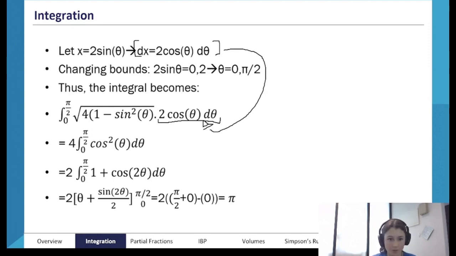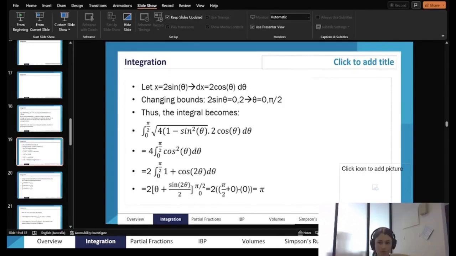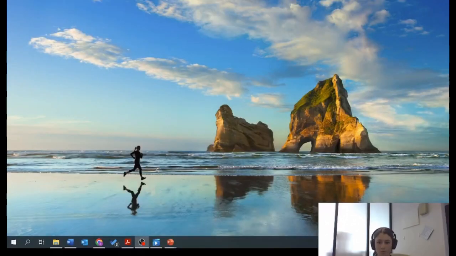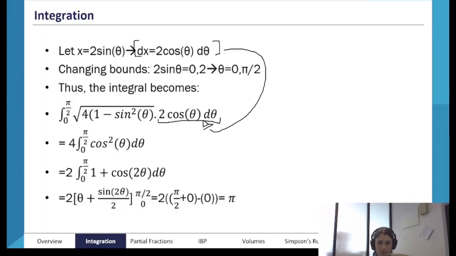So, as you can see in our previous slide over here, we just substituted it in, and then this can simplify to cos squared theta. So, what we did up here is we simply subbed it in and then factorized out the 4.